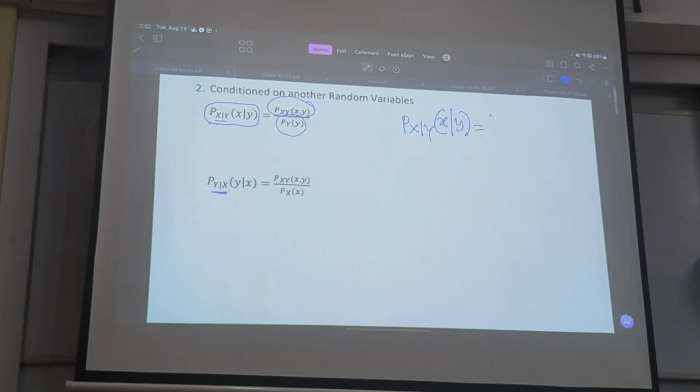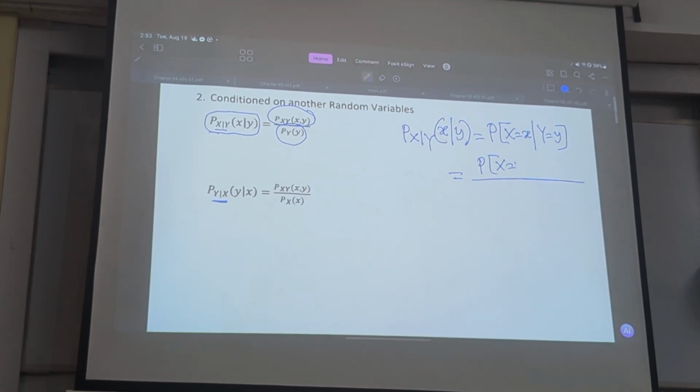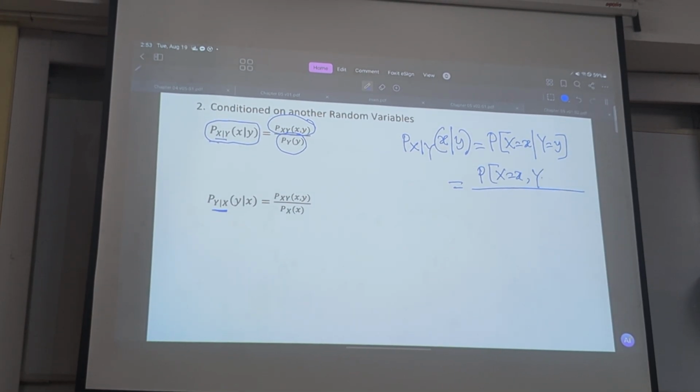for the value x given y, right, is equal to what? The probability that X equals small x given that Y equals small y, right? We want to know the probability of X having a value small x, given that Y already is set to y. And once again, you can write this conditional probability as the joint probability divided by what?